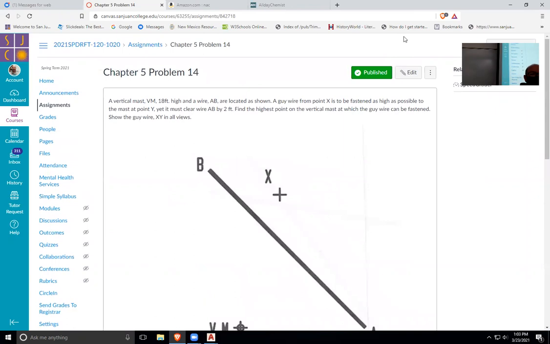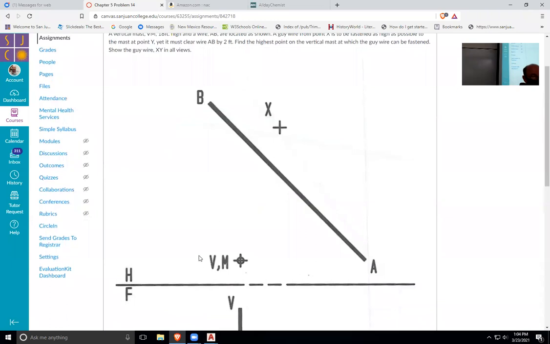What we're supposed to do is find the highest point at which it can be fastened and then show XY, basically the same thing as we did before, except we have to draw this XY such that there's a point on this line XY above it.